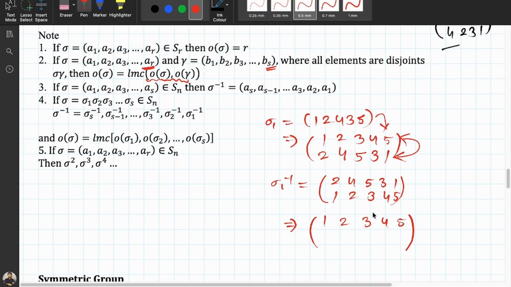Now how can we find it? 1 goes to 5, 2 goes to 1, 3 goes to 4, and so on. It means we have swapped the columns only. Just write in this order, 1 2 3 4 5.